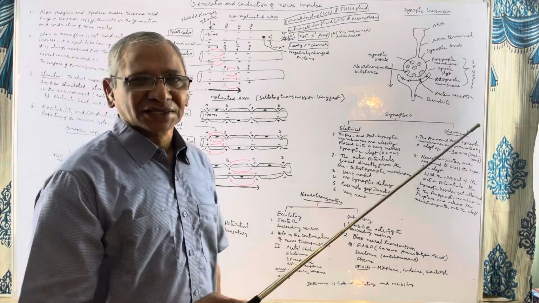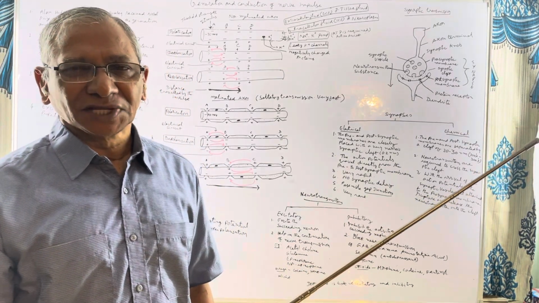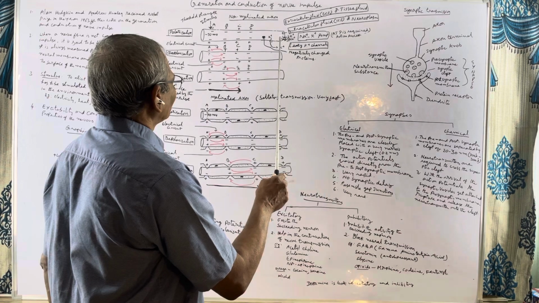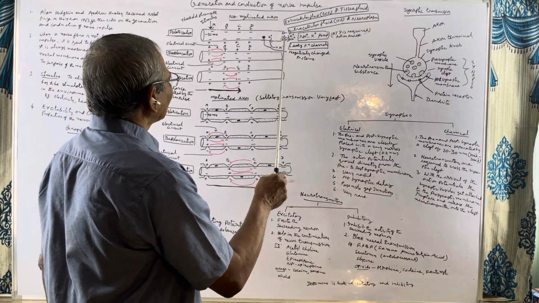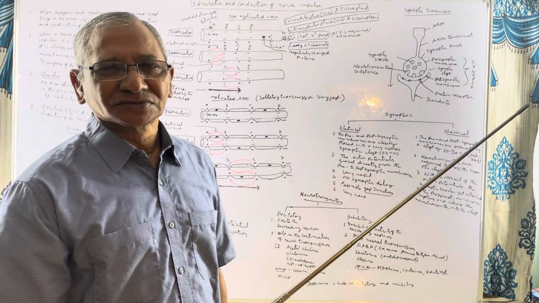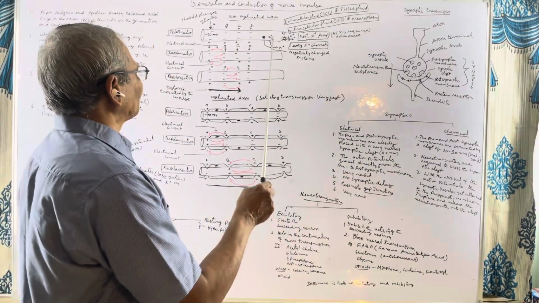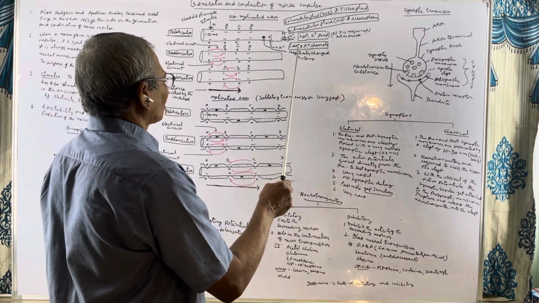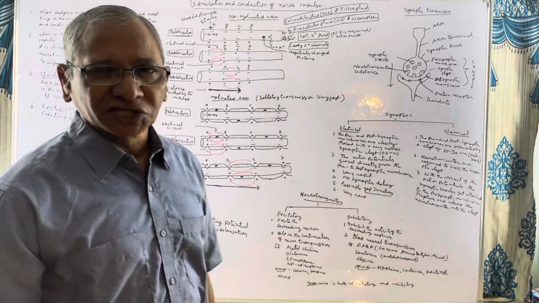That means there is a disparity. It is removing 3 positively charged sodium ions from neuroplasm and bringing in only 2 positively charged potassium ions. This is one reason for maintaining negativity inside. The second point is about the presence of leaky potassium channels.